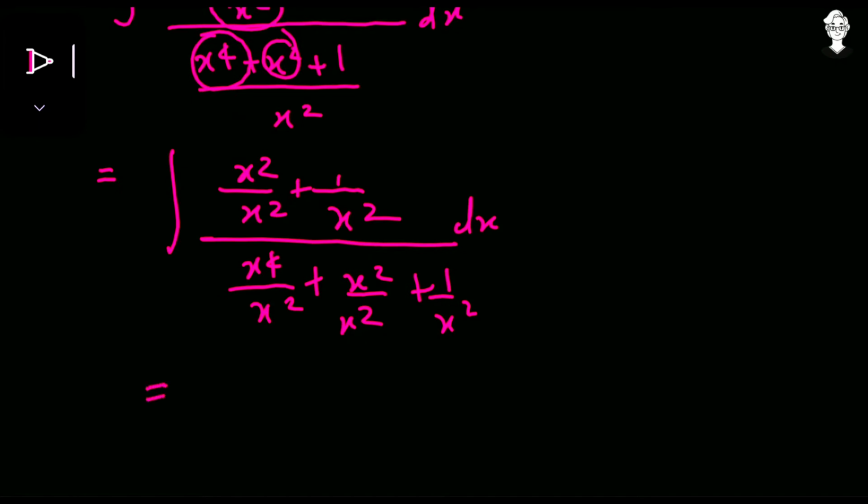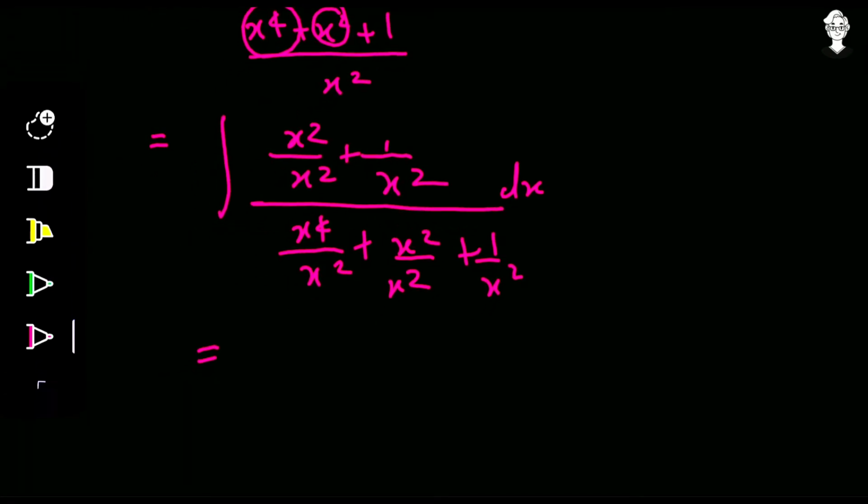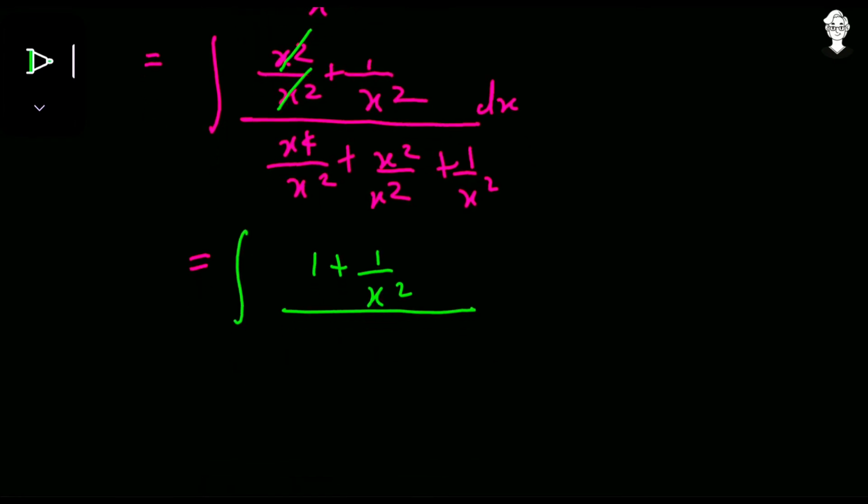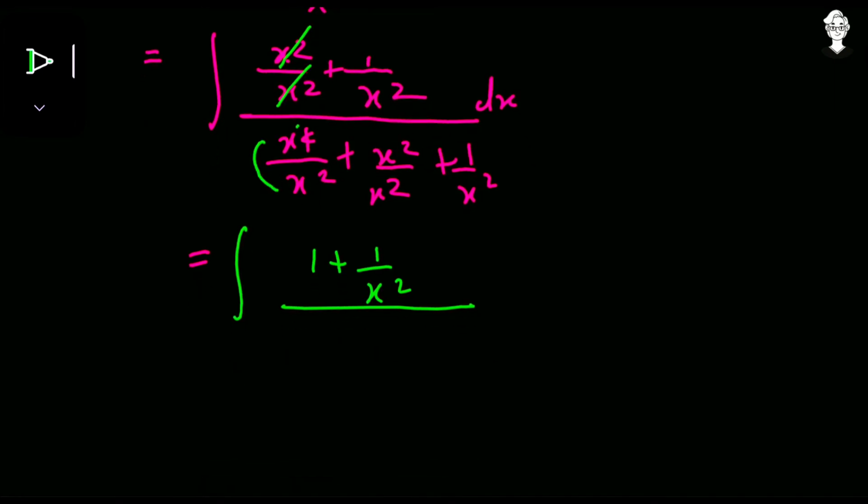Now we can see the powers and the factors would get cancelled easily. So in the integration, x square and x square got cancelled, so 1 plus 1 upon x square as it is. And in the denominator, I can see 4 and 2, so according to the exponential rule, a to the power m upon a to the power n becomes a to the power m minus n.